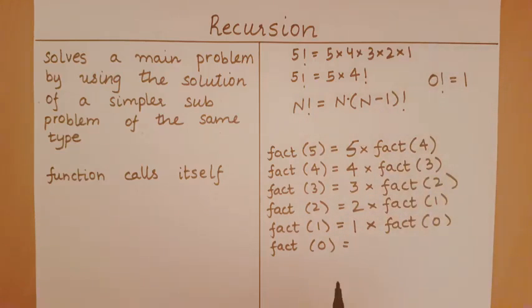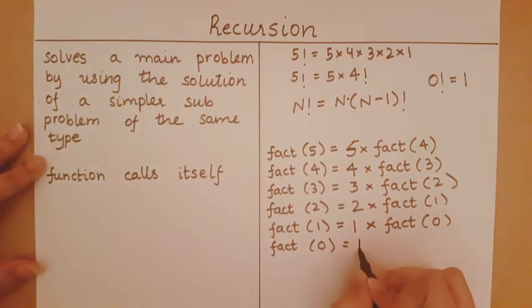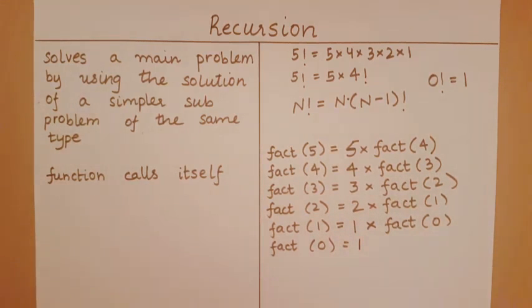So factorial of 0, we know for a fact that factorial of 0 is equal to 1. There is no dispute about this, and there is no computation regarding this either. So we have reduced the problem to such a state where it has become so simple that we have a defined answer and there is no computation for that particular case.